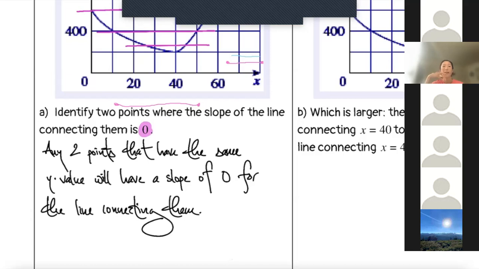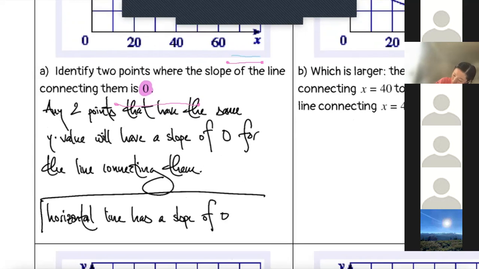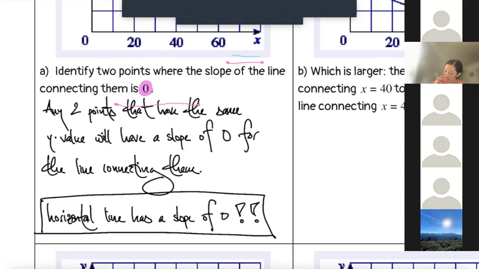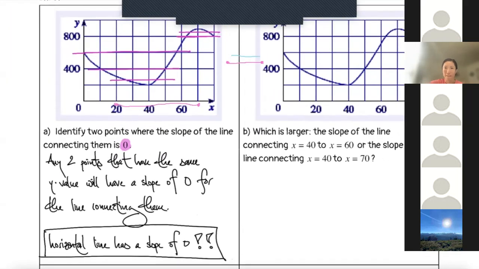Okay, so any 2 points that have the same y value will have a slope of 0 for the line connecting them. Okay, and one thing I just want us to remind ourselves is that a horizontal line has a slope of 0. Okay, so a horizontal line has a slope of 0.